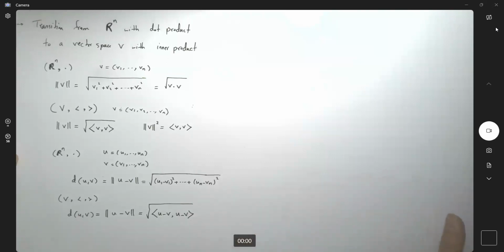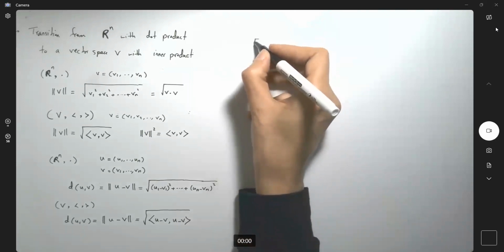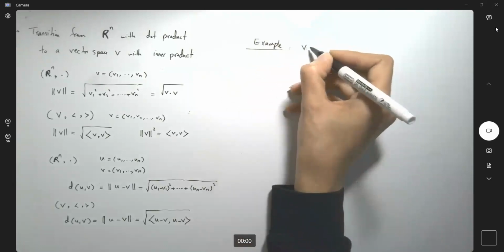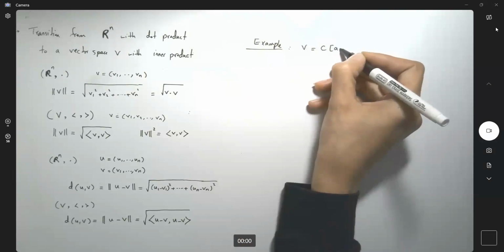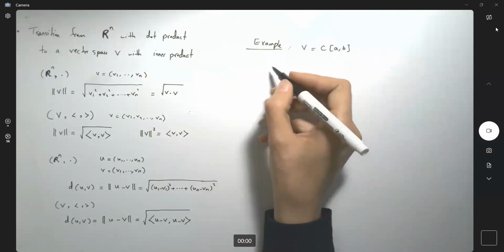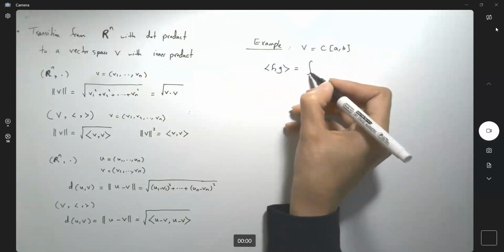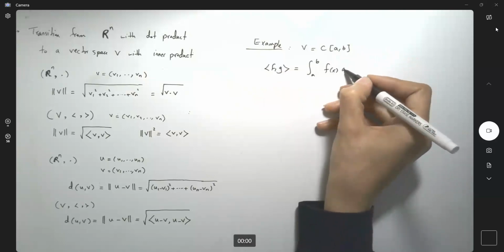Now let us take a look at this example. All we said was to apply this somewhere, somehow, which you saw before. For example, consider V to be the vector space of all continuous functions between a and b. We're going to define the inner product between two continuous functions as the definite integral of their multiplication.